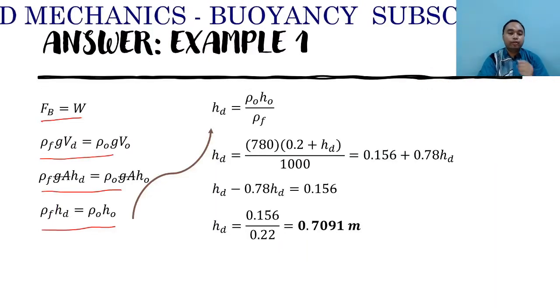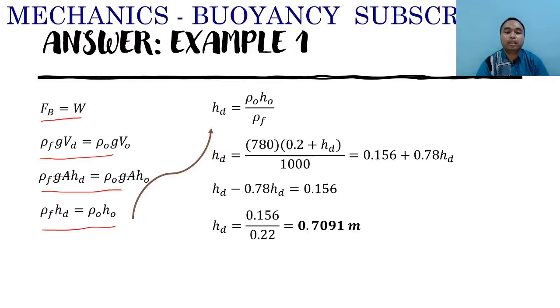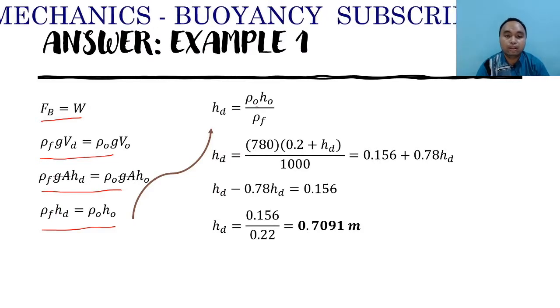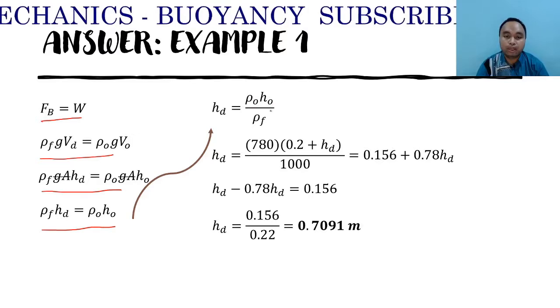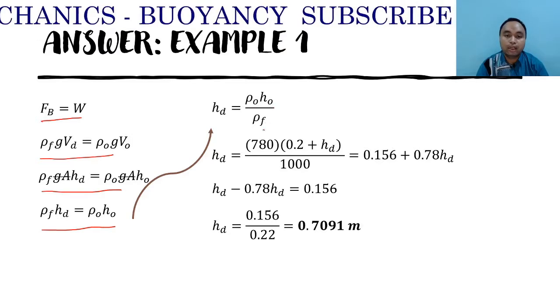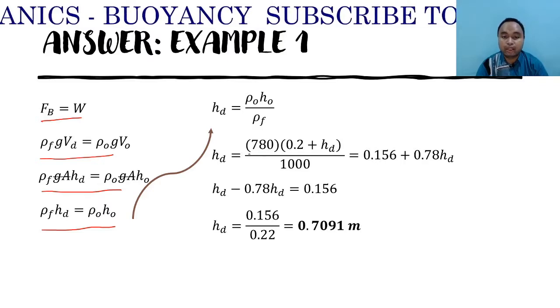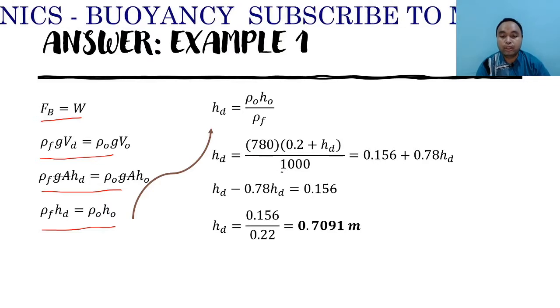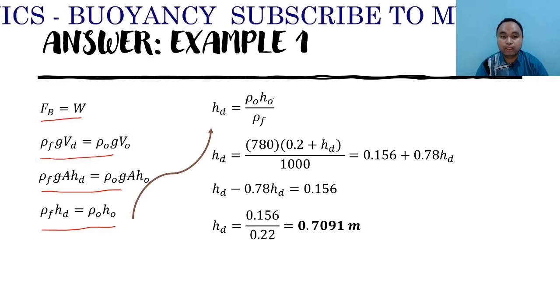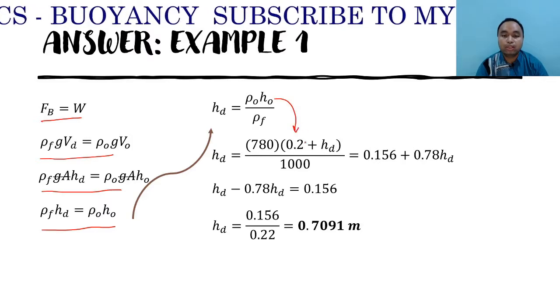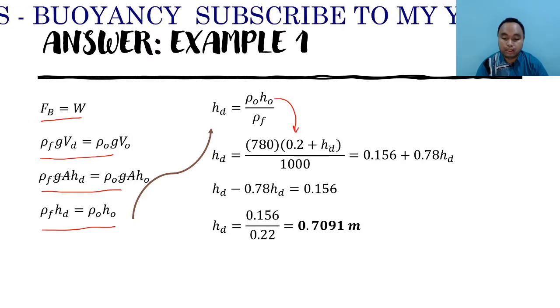If you continue further with this, HD is equal to the density of the object multiplied by the height of the object and divided by the density of the fluid. Density of the object is 780, density of the fluid is 1000, but you can see from here that HO is equal to 0.2 plus HD.